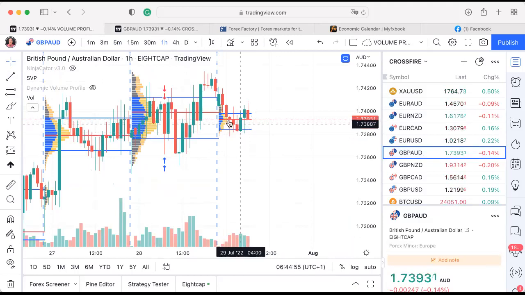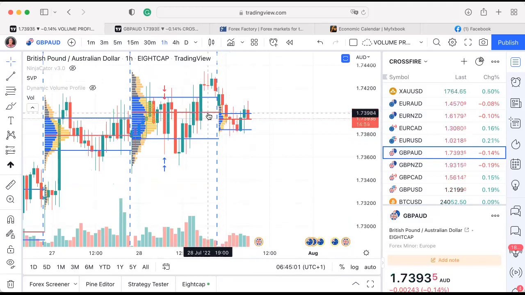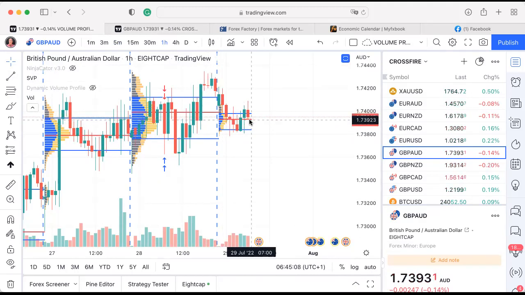As Anne says, this is today's POC. We tend to prioritize yesterday's POC as a target, but today's POC is also valid. It's acting as a resistance, it's acting as a floor, and it just needs to break through that, and I'm reasonably confident it will, but it's just going to take its time.